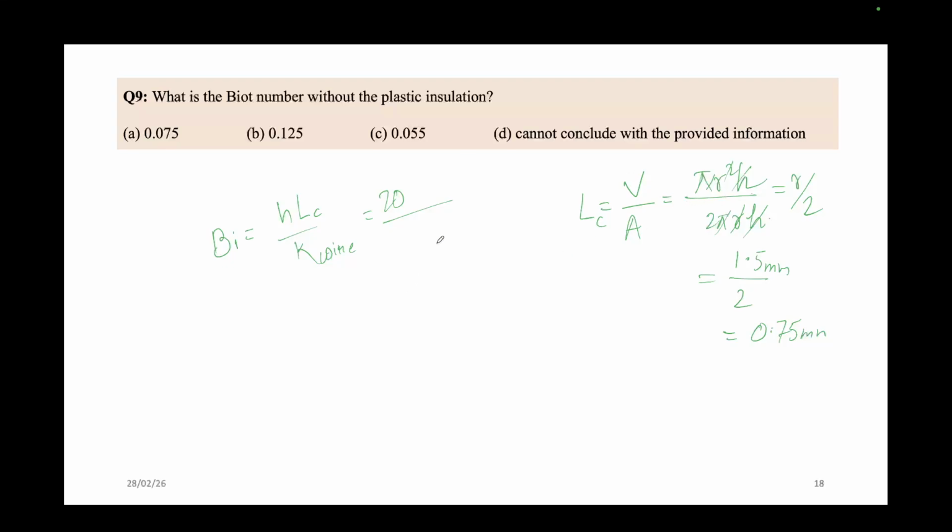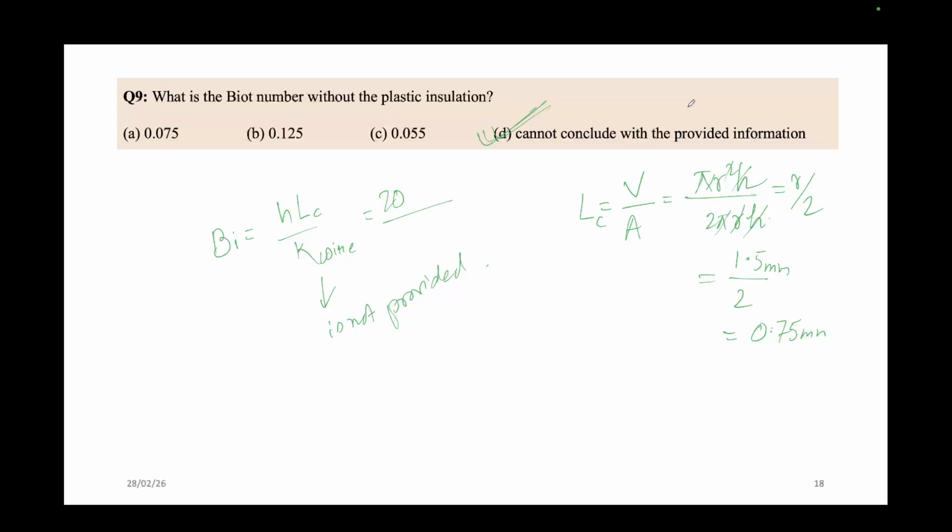K wire is not provided. So the correct option will be option D, because the data is not provided here. That is why we are not able to solve it.